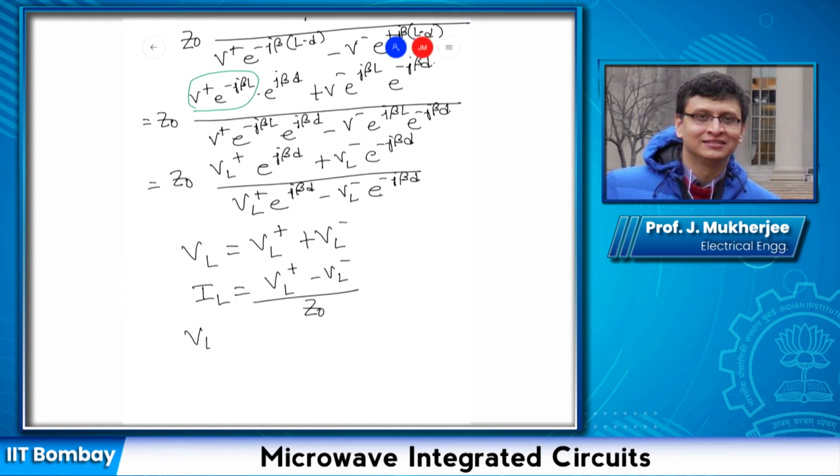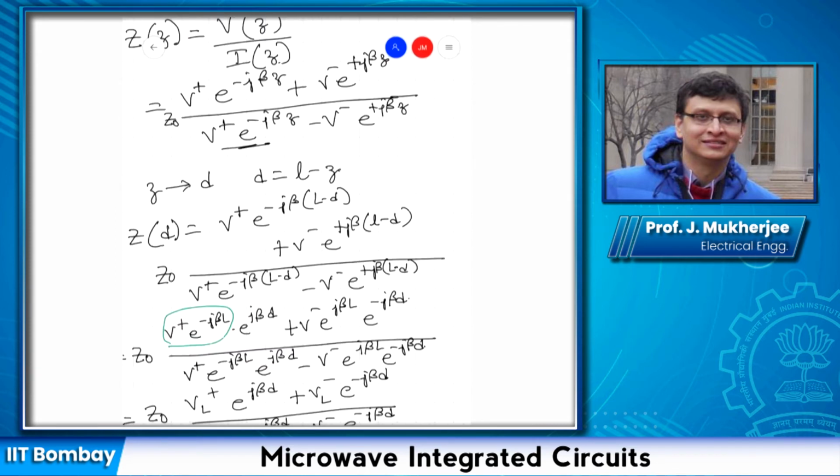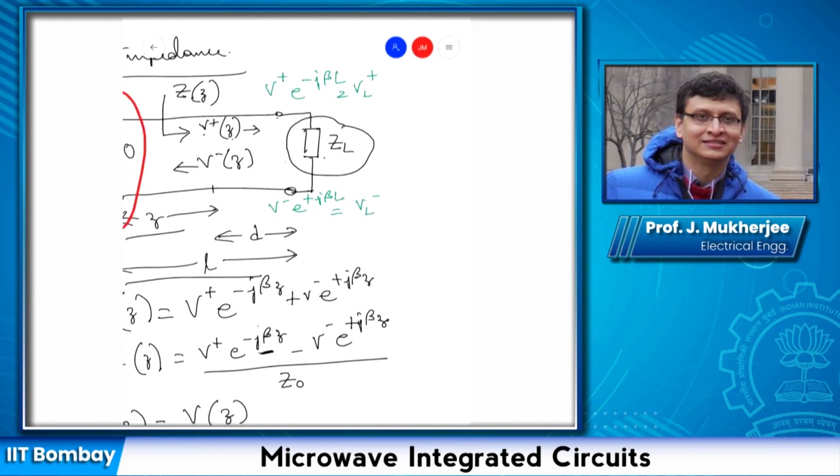And then I know that V of L upon I of L is equal to ZL, the load impedance, isn't it?